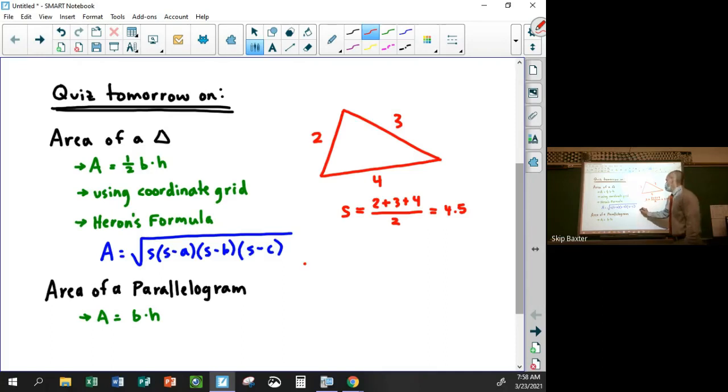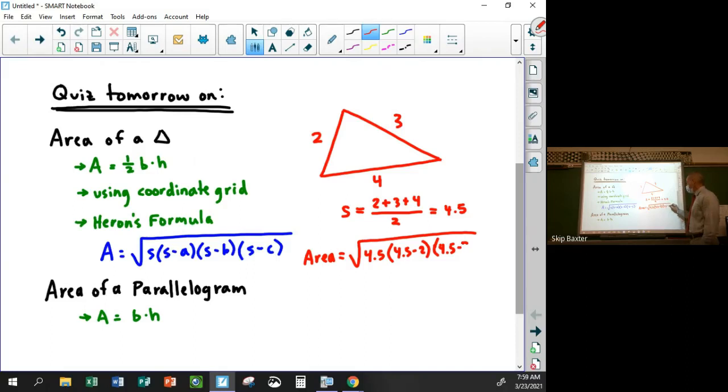So the area is the square root of 4.5 times (4.5 minus 2) times (4.5 minus 3) times (4.5 minus 4).